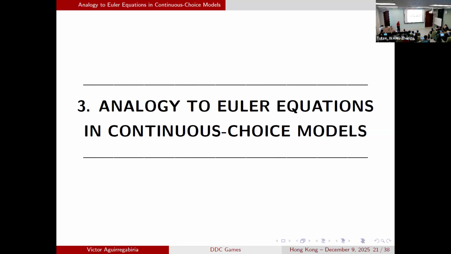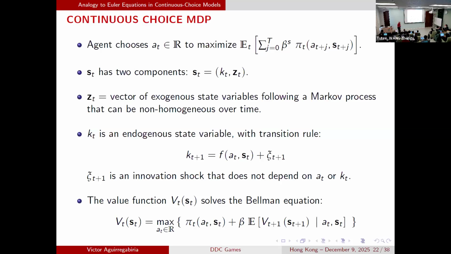This is a bit of a digression and not so important, but let me make it. Why the name Euler mapping? There is a clear connection between this operator and the Euler equations in continuous choice dynamic decision models.